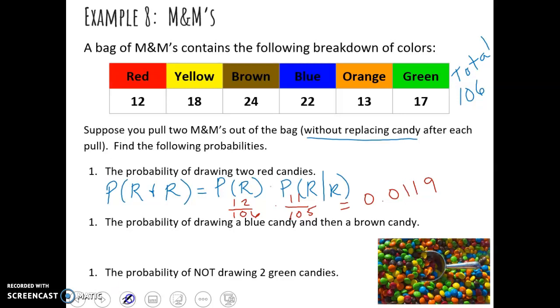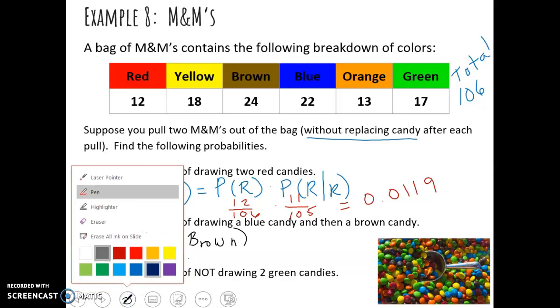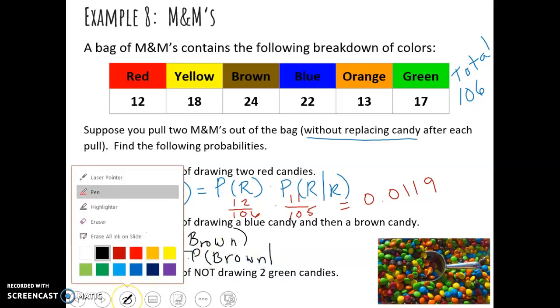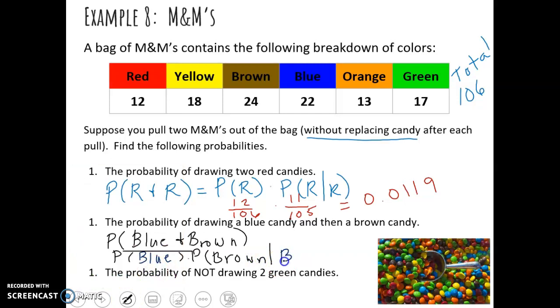So what is the probability of drawing a blue and then a brown? So we're going to do the probability of a blue times the probability of a brown, given that the first one was blue.